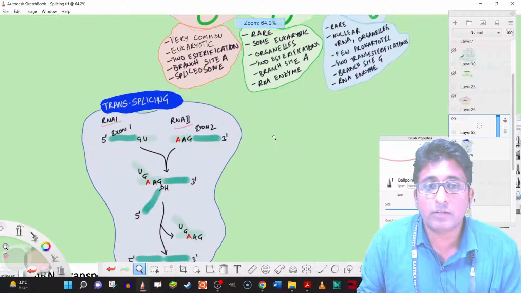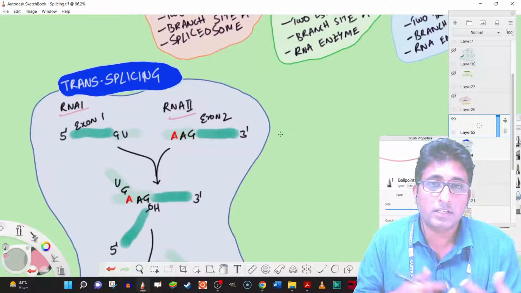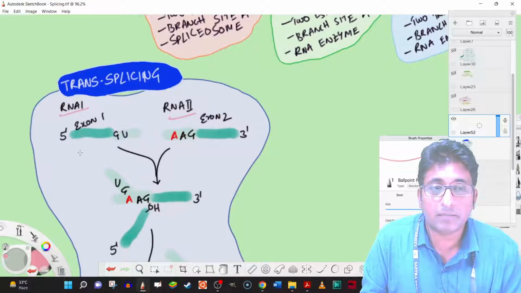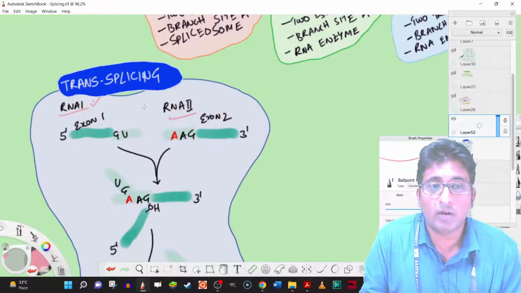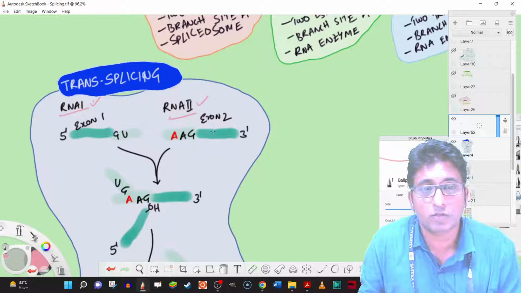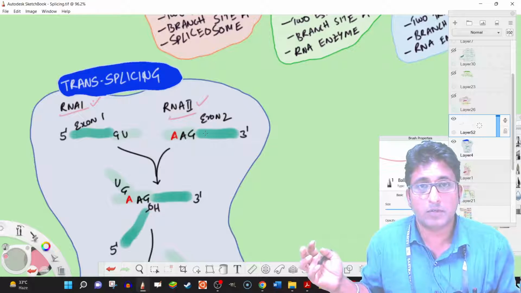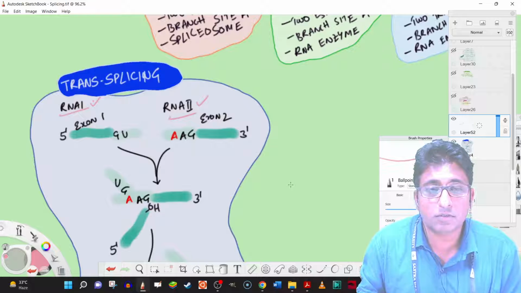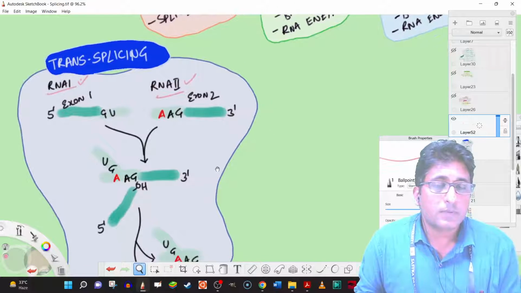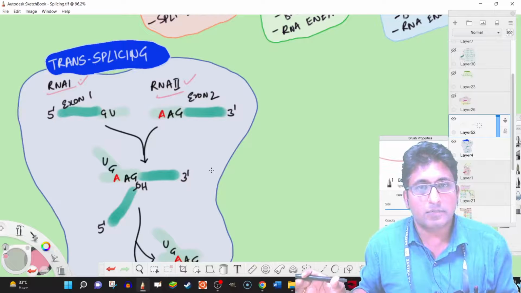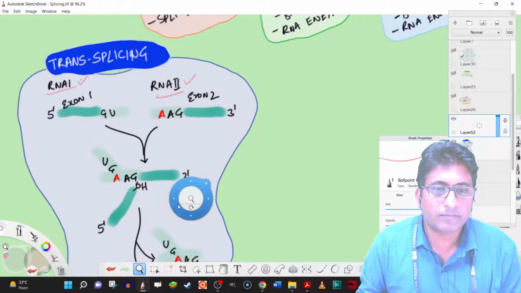And there is a likelihood that splicing can happen, or in certain cases, splicing can happen between the exons of RNA1 and exons of RNA2. And that is called transsplicing. Splicing between two different RNA molecules is called transsplicing. Or splicing between two exons belonging to two different RNA molecules is transsplicing.